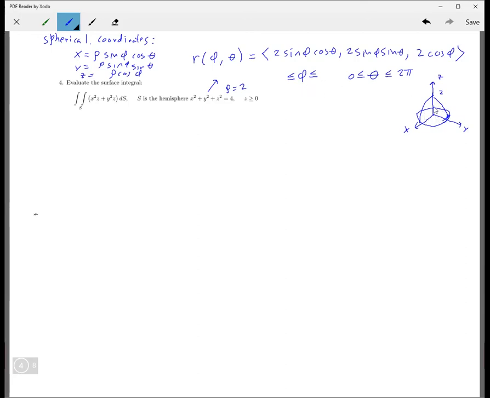What are the ranges? So remember, phi is the angle with the positive z-axis. So phi equals 0 is actually pointing straight up. So it's going to go from 0, and then you want it to go down to the xy plane. For any value in the xy plane, what is phi going to be? It'd be pi.